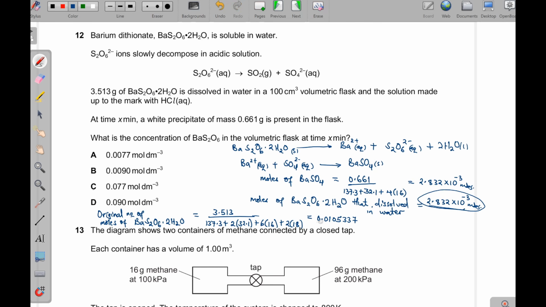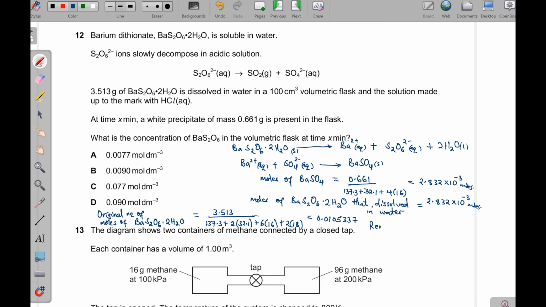Okay, so from the original we are having this, but these are the ones that gave us the what? The white precipitate. And they are asking us to find the concentration of this barium diethionate in the volumetric flask at this time. So what is remaining?